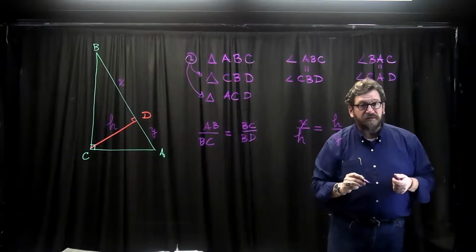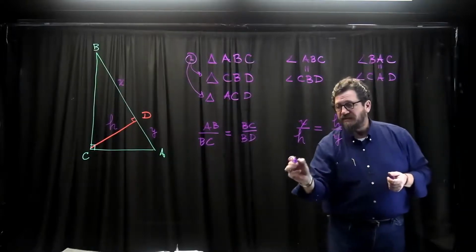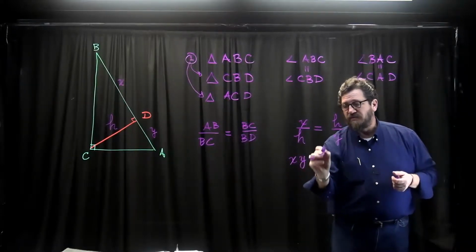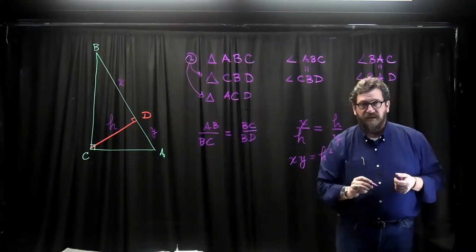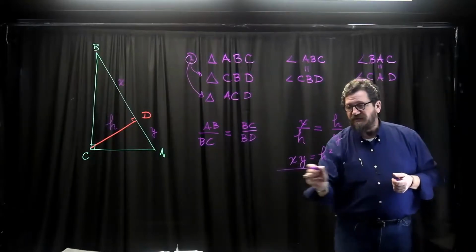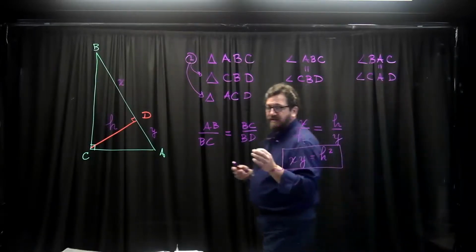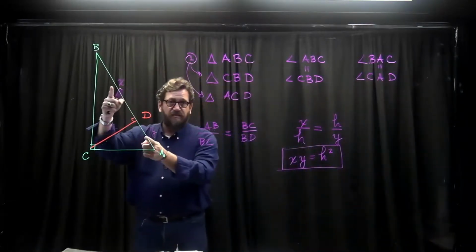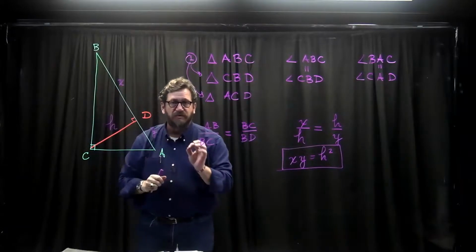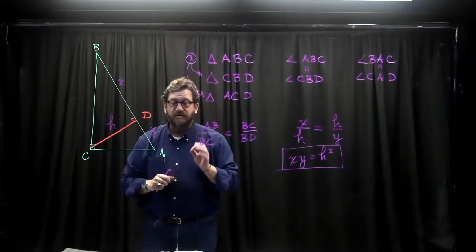Now, cross multiply. X times Y is equal to H squared. Now this is actually the finding we're after. We know that these two numbers, when multiplied together, are equal to a square. What square?